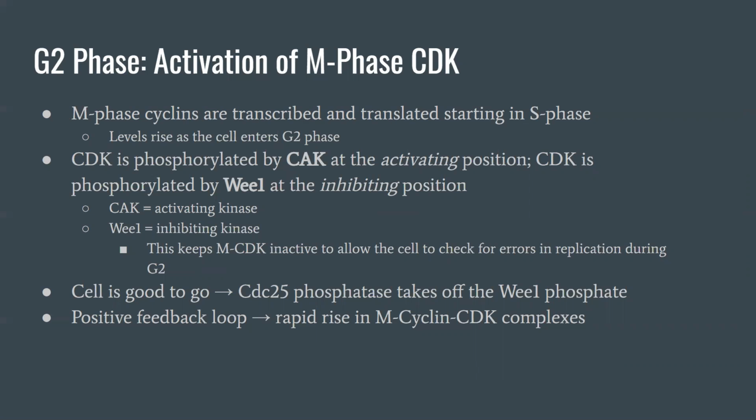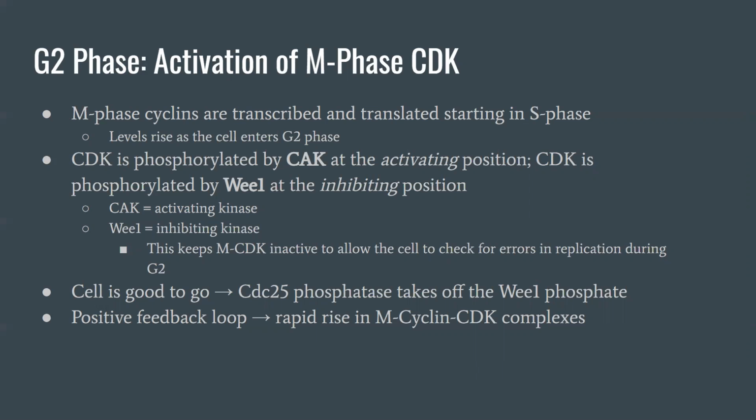It phosphorylates CDK at the inhibiting position. So you have two phosphates, one on the activating, one on the inhibiting. When this happens, the CDK is inactive. It has that phosphorylation at the inhibiting position, so it can't do anything. So WEE1 keeps MCDK inactive.